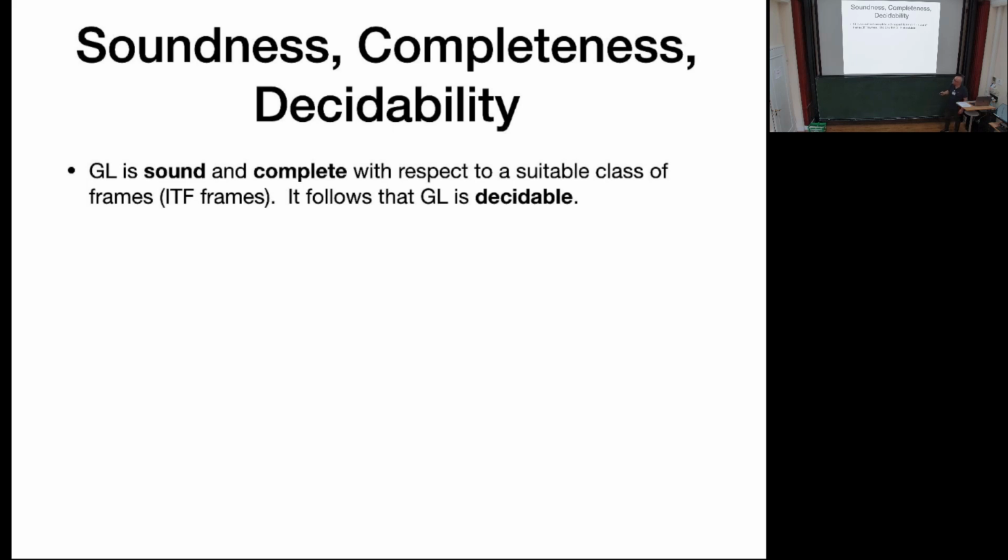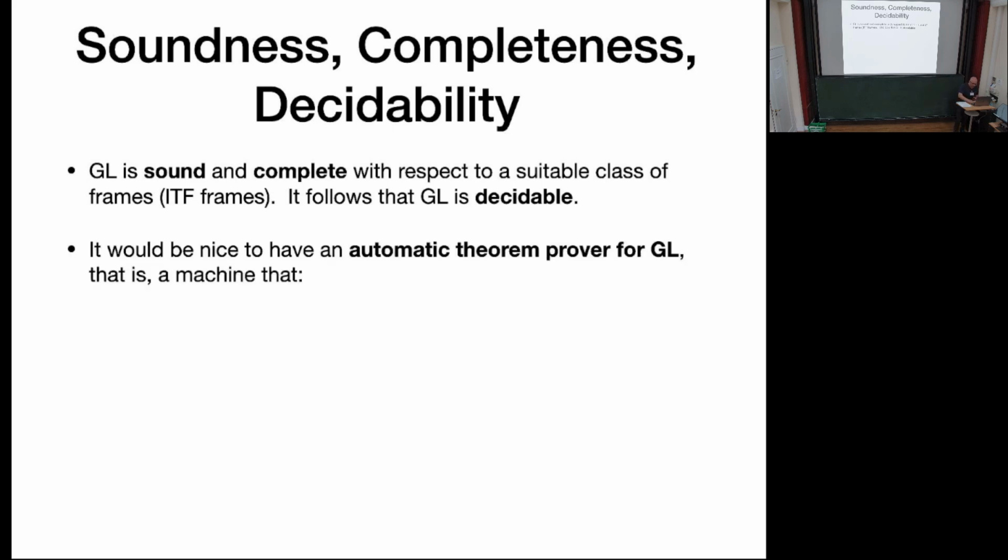This gives, in an obvious way, a proof that GL is decidable, and so it would be nice to have an automatic theorem prover for GL.